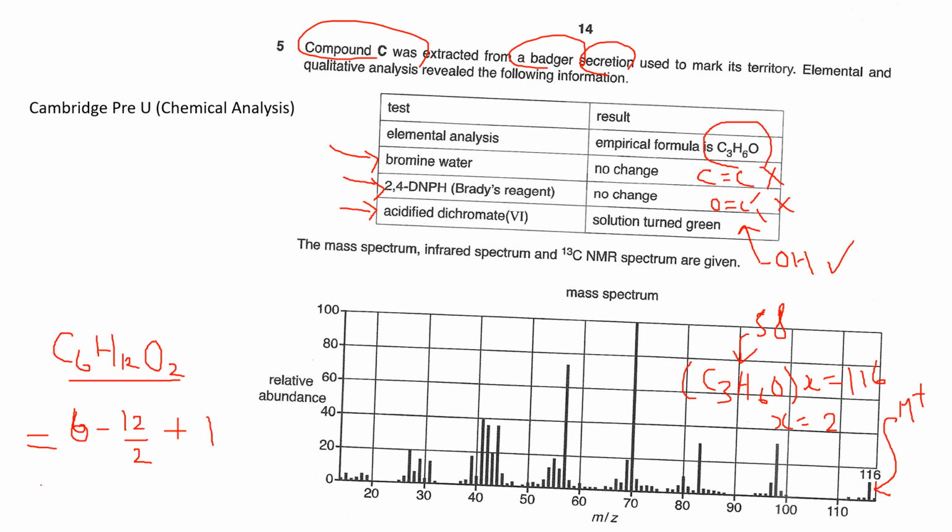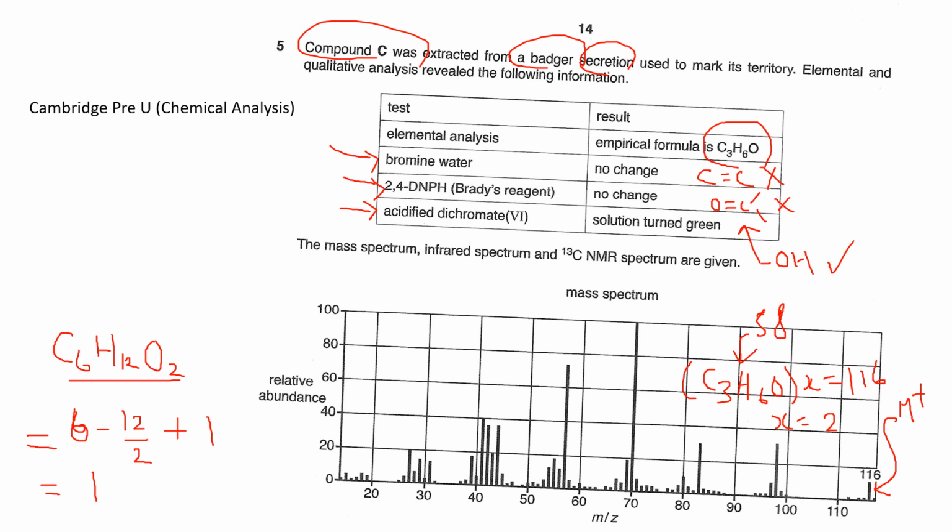So altogether the answer is 1. That means it might have a double bond or a ring. However, our bromine test does not show a double bond, so it should be a ring, and it contains OH groups.